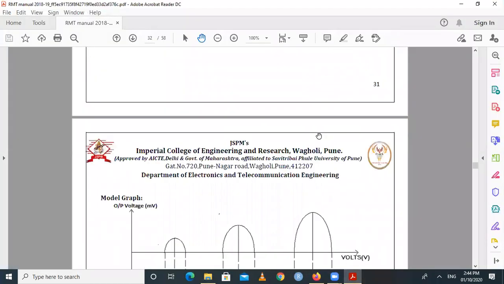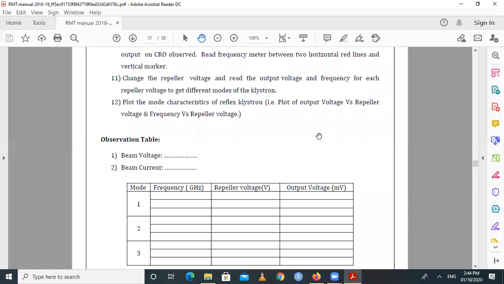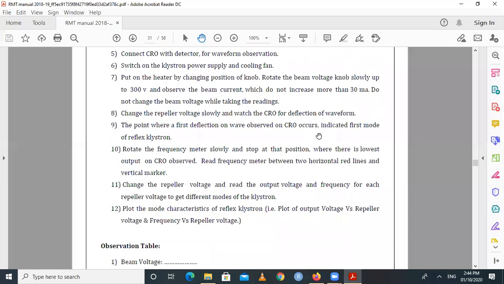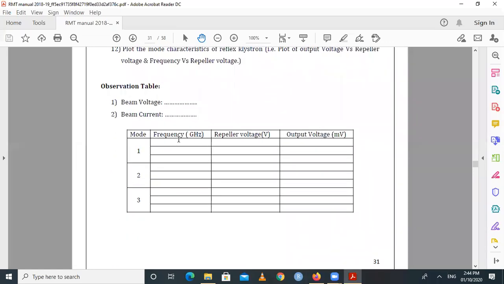So I hope you understood the procedure for this particular experiment. For each mode, you have to find out the frequency as well as repeller voltage and output voltage. Repeller voltage you can find on that Klystron power supply.